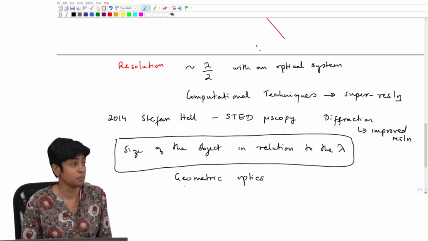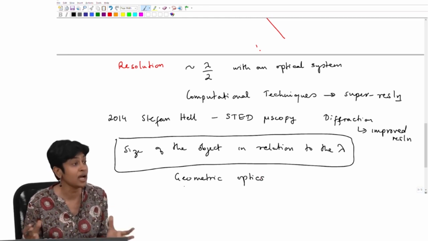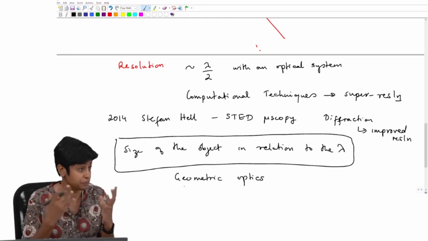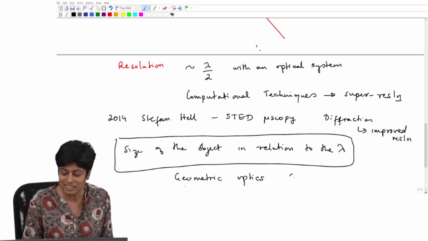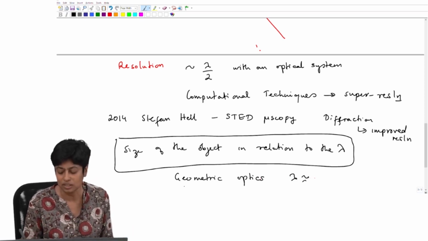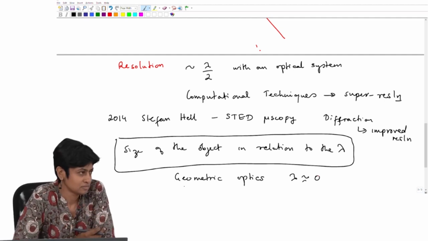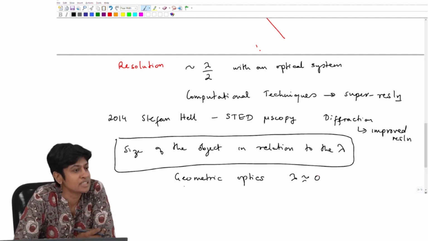In geometric optics, because you're talking about imaging of large objects with respect to wavelength, you can consider lambda equal to 0 here. That's an assumption we're making, because the wavelength is so small compared to the objects that we are typically imaging.